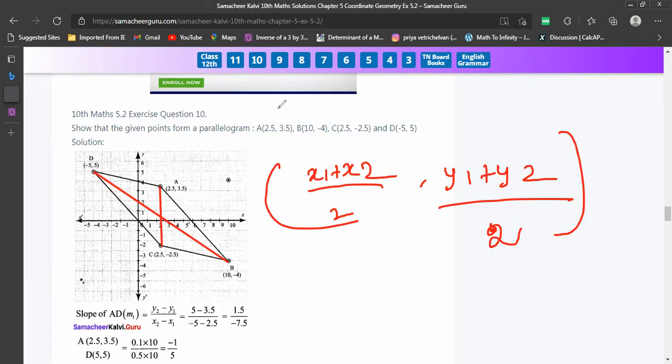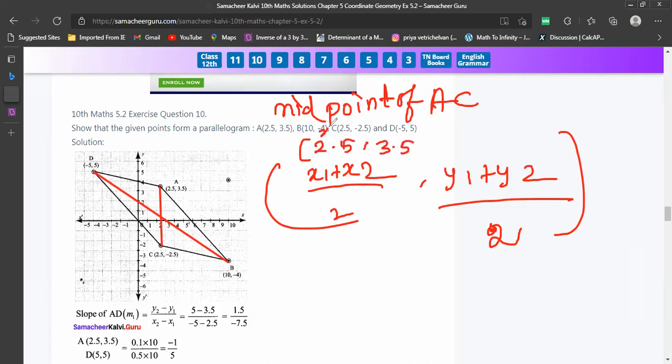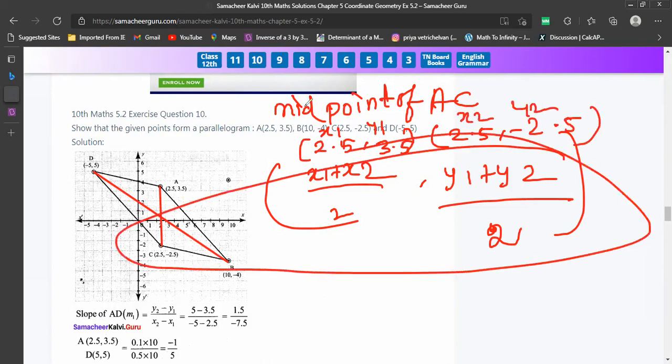For calculating the midpoint of AC, assume this is x1, y1, and this is x2, y2. And substitute in this. You get the answer.